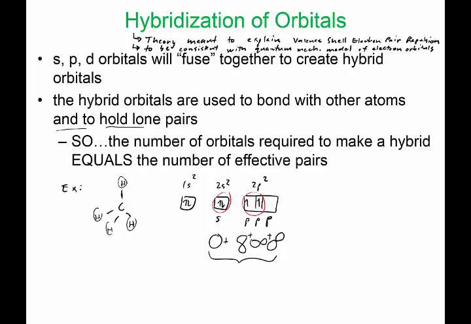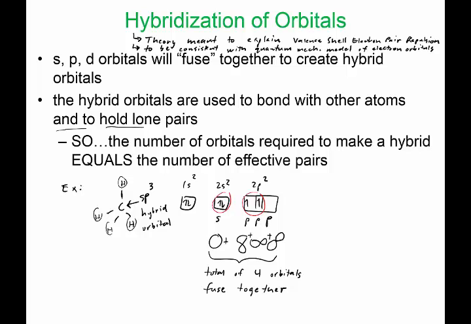So this brings us to a total of four orbitals which fuse together. We say that this carbon is using an sp3 hybrid orbital to make all the bonds with hydrogen.